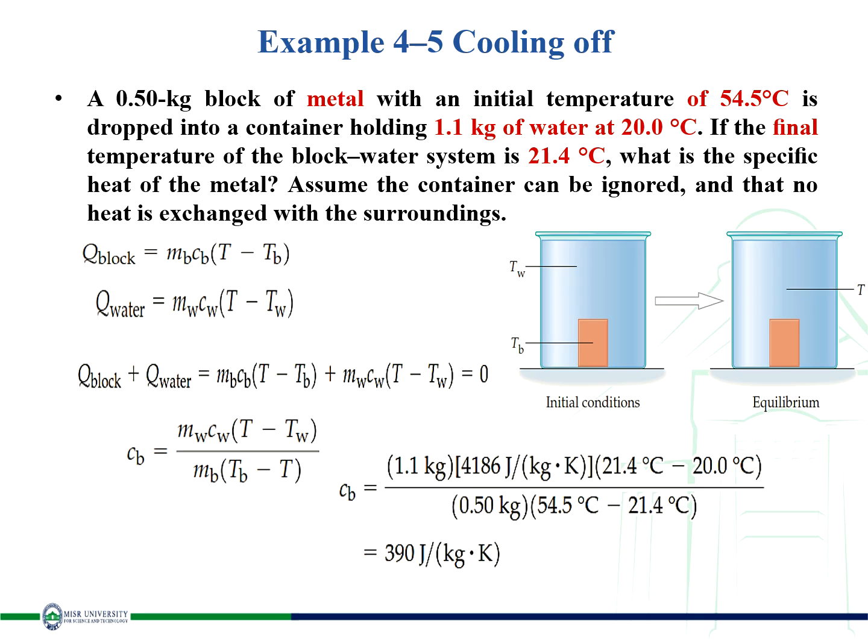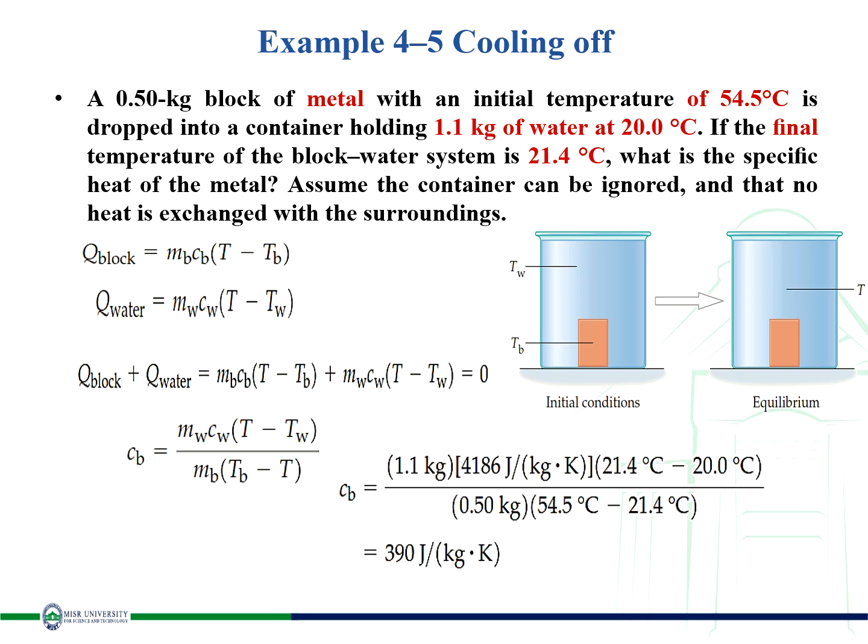Now, substitute these into our equation for c block. c block equals 1.1 kilograms times 4186 J per kg K times 1.4 K, divided by 0.50 kilograms times 33.1 K. Let's do the arithmetic.